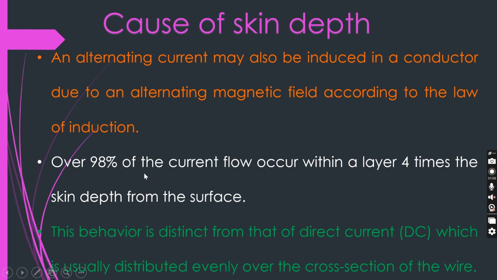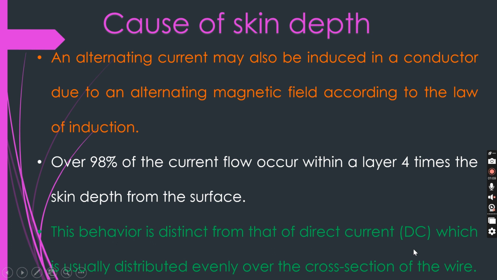Over 98% of the current flow occurs within a layer 4 times the skin depth from the surface. So from the surface at skin depth it becomes 37%. Further, at skin depth multiplied by 4, it becomes 98%. Practically at the exact central portion, effectively no current flows, and this behavior is distinct from direct current, because in the case of direct current, the current is distributed evenly over the cross section of the wire.